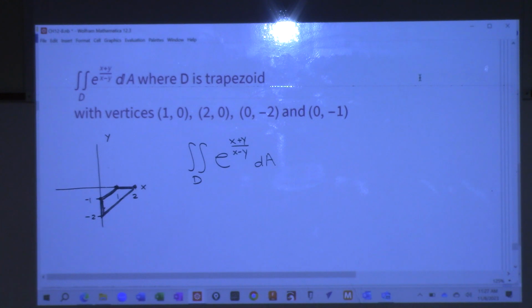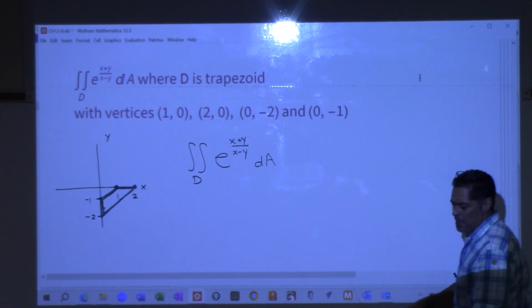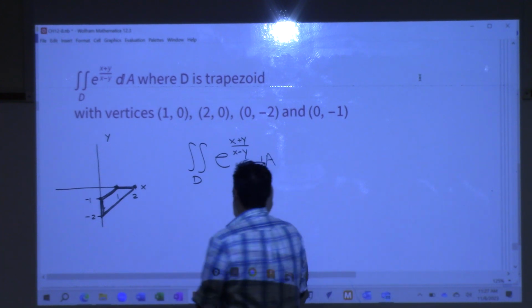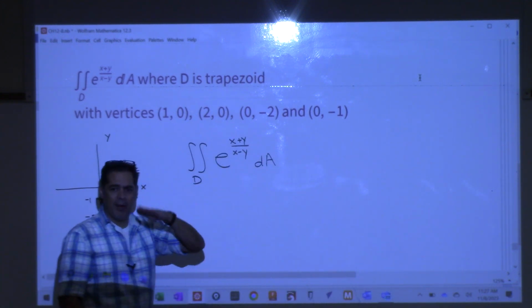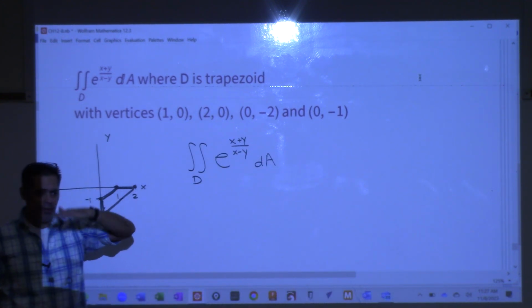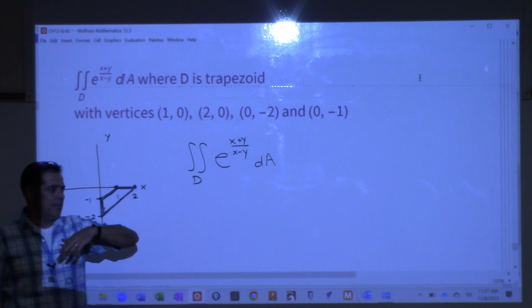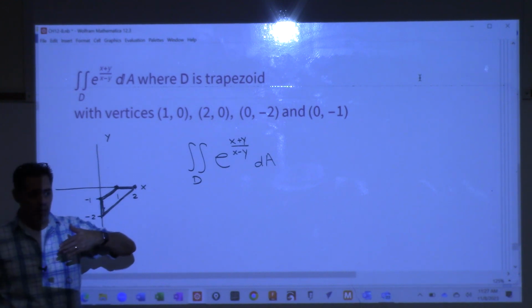But we're not given what to do, right? So I'm just going to take kind of a guess at this. I'm going to take a shot. The problem that I'm having with this integration is that my x's and y's are appearing both in the numerator and denominator of that exponent. It'd be better if they were completely separated from one another.